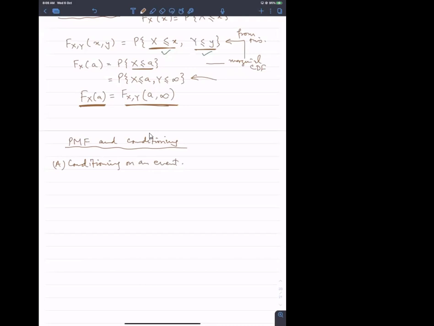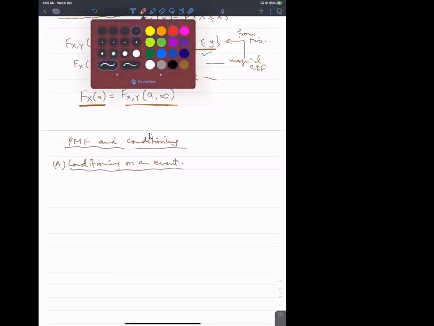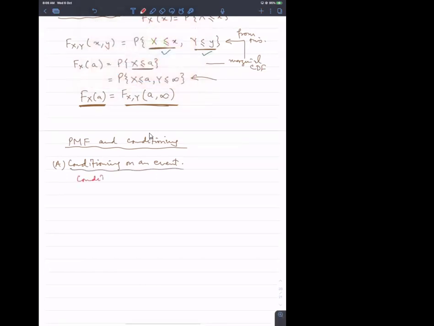So I can find the conditional PMF of x given some event A. It can be found as follows.